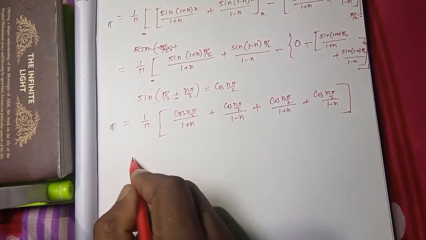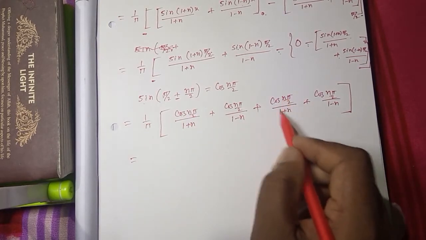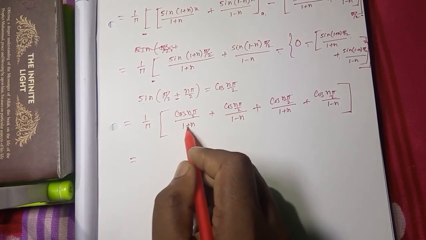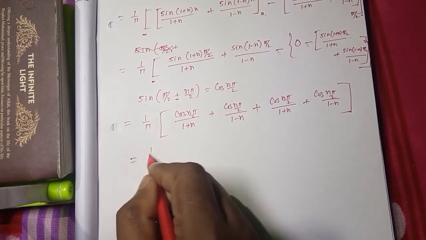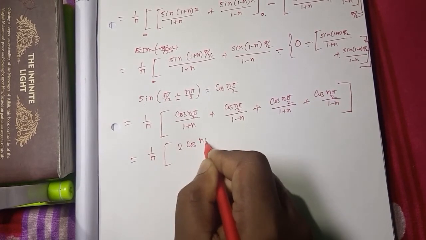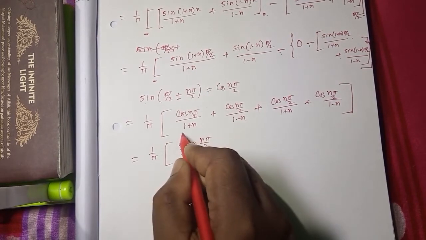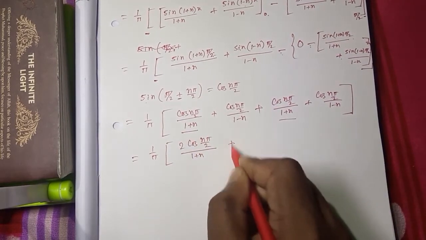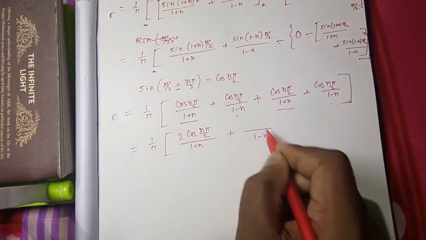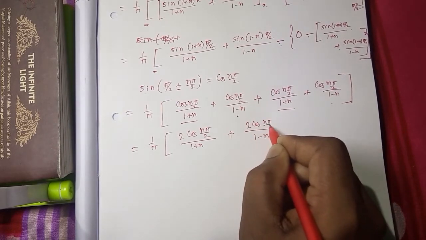Now we have cos of n pi by 2, cos of n pi by 2 by (n plus 1). This gives 2 cos of n pi by 2 by (1 plus n), and 1 by pi, 2 cos of n pi by 2 by (1 plus n), this term and this term, plus this and this, gives (1 minus n) 2 cos of n pi by 2.